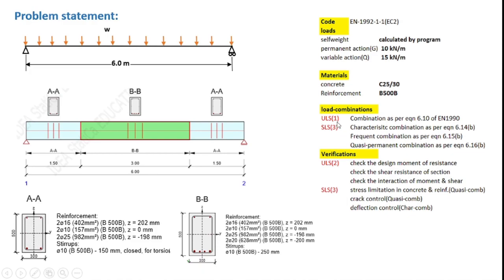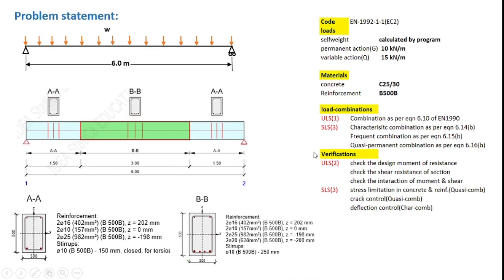For the ultimate limit state, all the combinations will be as per 6.10 of EN1990, whereas for the serviceability limit state, we will use 3 types of combinations: the characteristic combination as per equation 6.14b, the frequent combination as per equation 6.15b, and the quasi-permanent combination as per equation 6.16b. So these are the various combinations that will be used for the verification of this member.